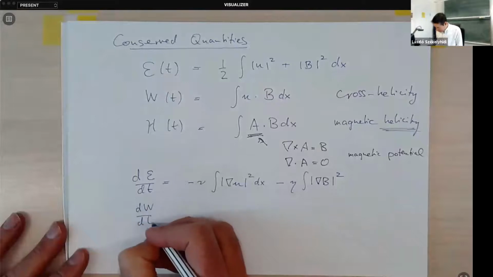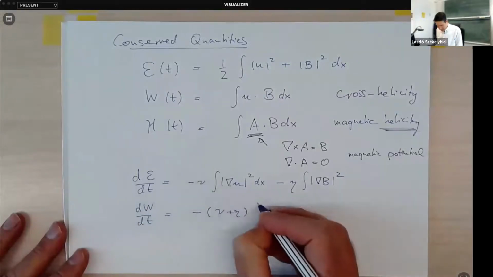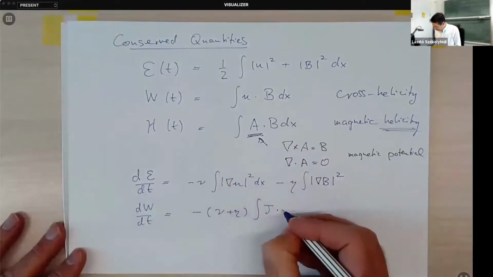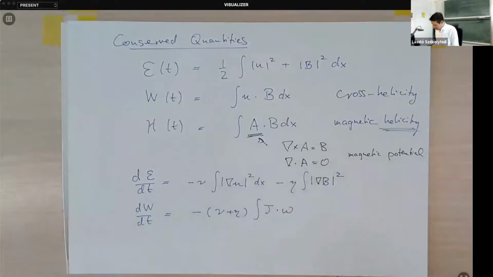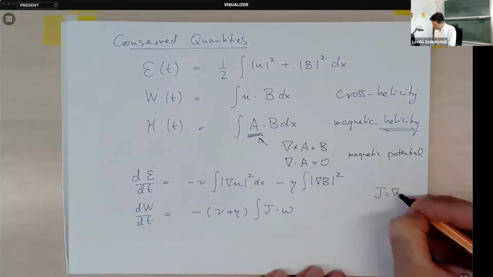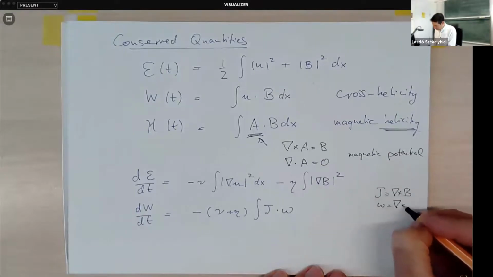The cross helicity is of the form nu plus eta times the current scalar product with omega, where I just write here again, J is equal to the curl of B, and omega is equal to the curl of U.